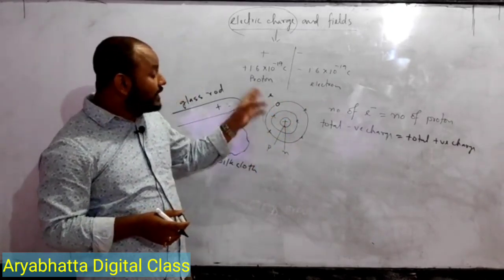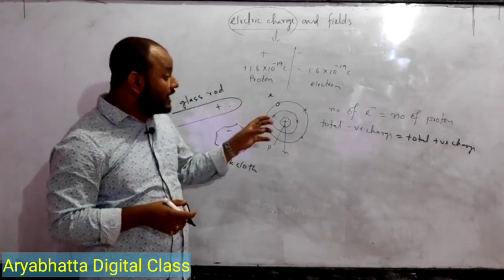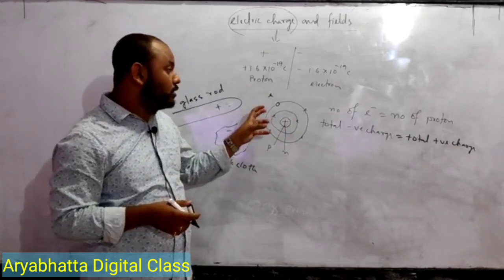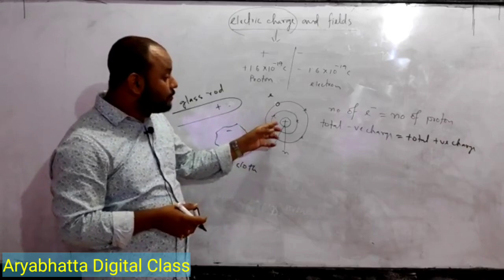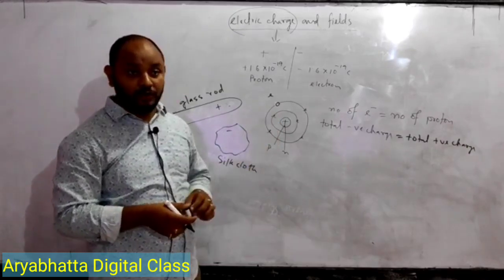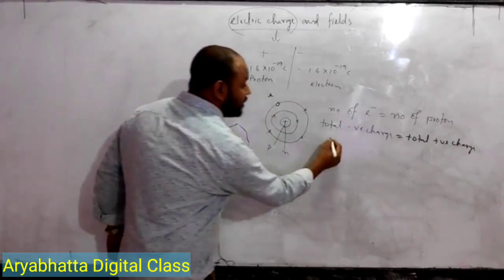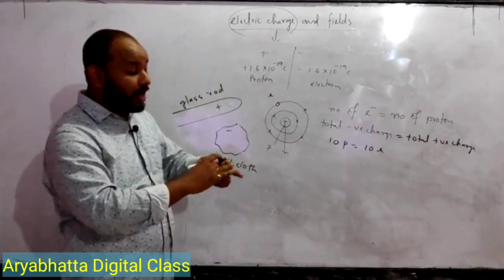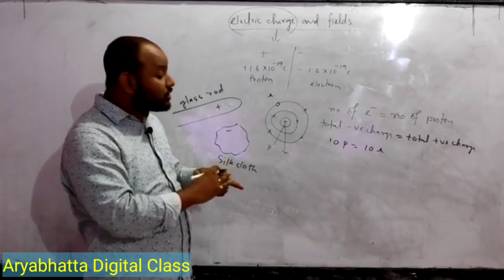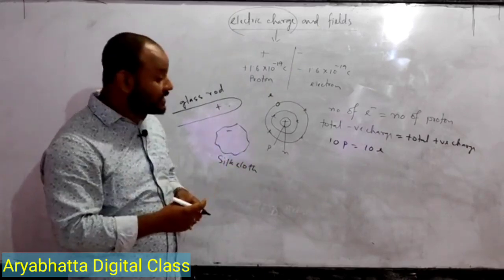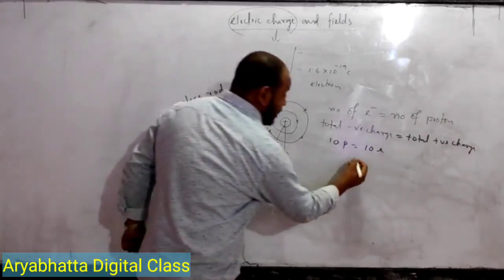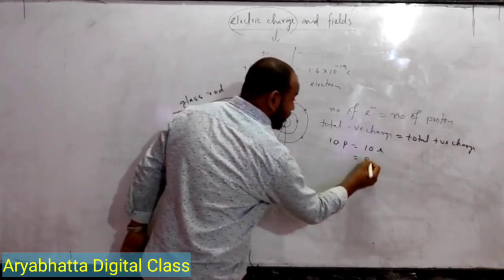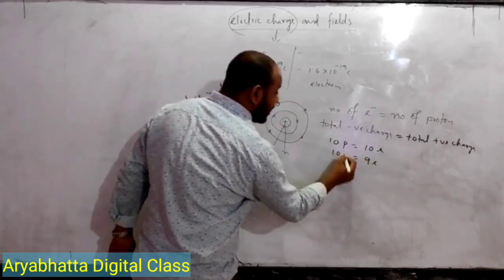So when one electron is ejected or lost from the atom, what happens? The number of protons is greater than the number of electrons. Suppose initially there are 10 protons and 10 electrons, and when you rub this glass rod with silk cloth, one electron is ejected. Then the number of electrons will be 9 and there are 10 protons.